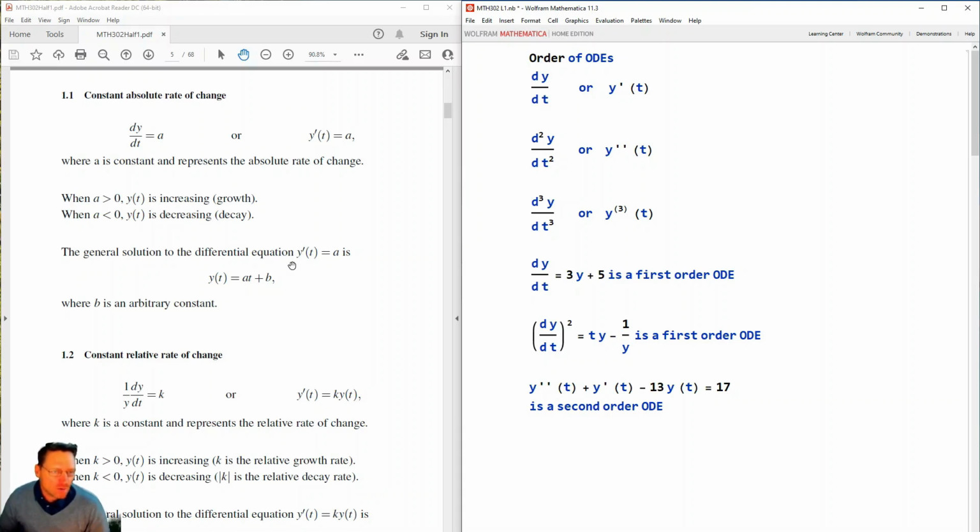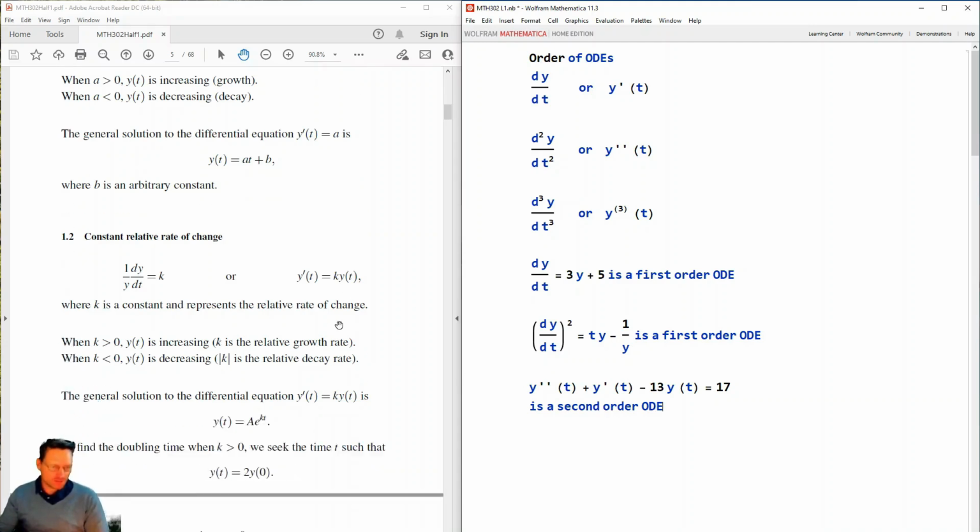Okay, so when a is positive, y of t is increasing, and so we have growth. And you can see that here in the solution as well. If the coefficient of t here is positive, then y would be increasing as time goes on. But when a is negative, y would be decreasing. We would have a negative slope of this linear equation.